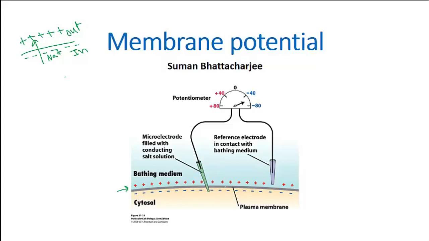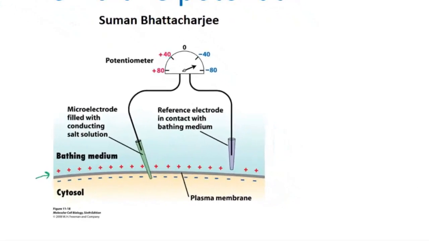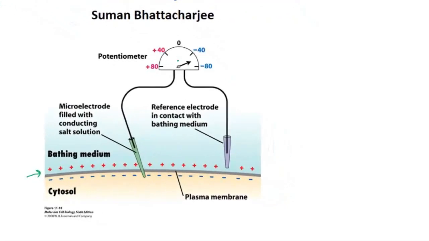Due to this net change, an electric potential is formed across the membrane, normally around minus 70 millivolts. That is known as the resting membrane potential.